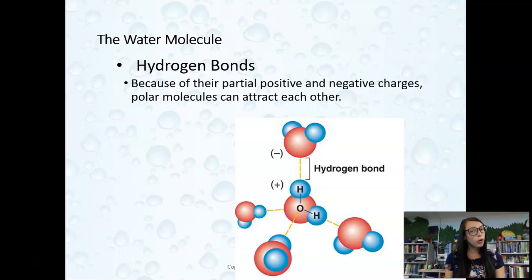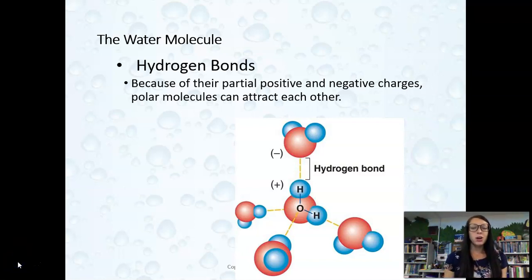Hydrogen bonds occur because of the weak attraction between these negative and positive poles. Because of their partial positive and partial negative charges, polar molecules, like water, can attract each other. Similar to a covalent bond, but a little bit weaker.